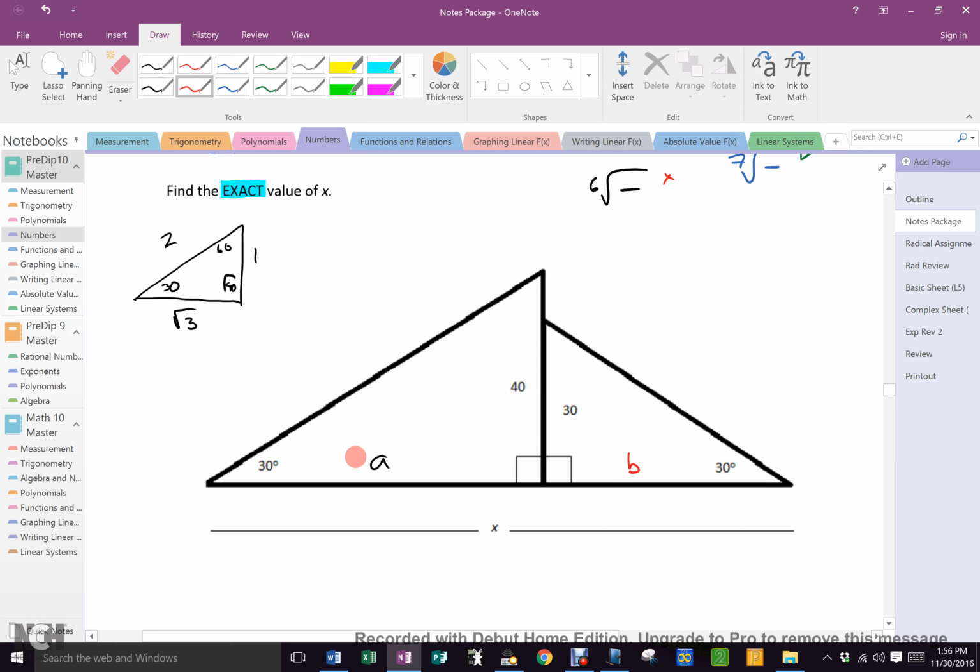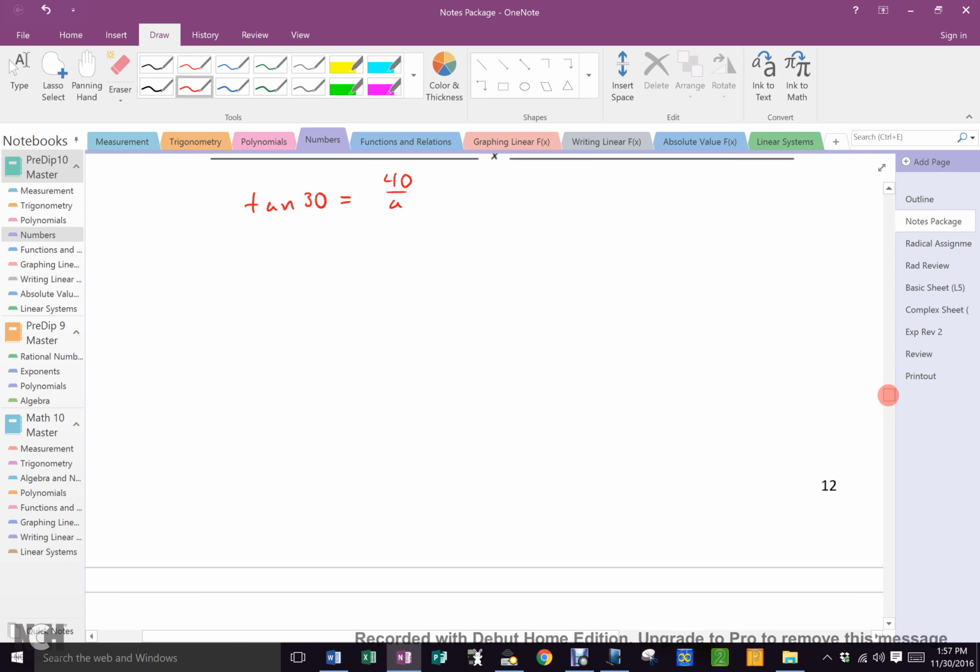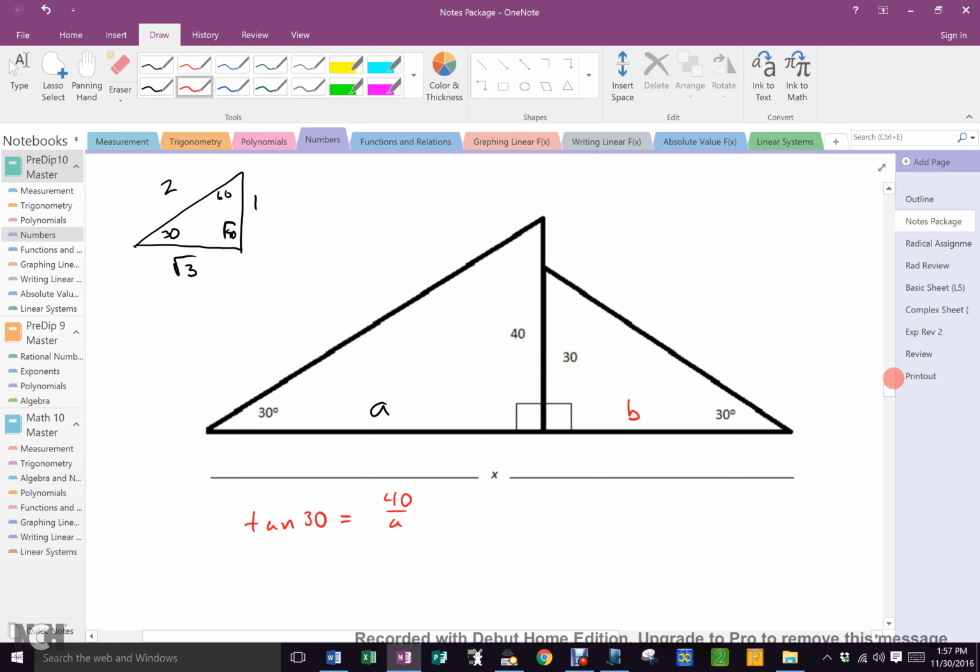All right, what do I know about A? Well, I know that the tan of 30 equals opposite 40 over A, don't I? I know that, right? And do I also know the tan of 30? What is the tan of 30? 1 over root 3, yes? Which equals 40 over A. Agreed? How do I solve that? Cross multiply. A equals 40 root 3.